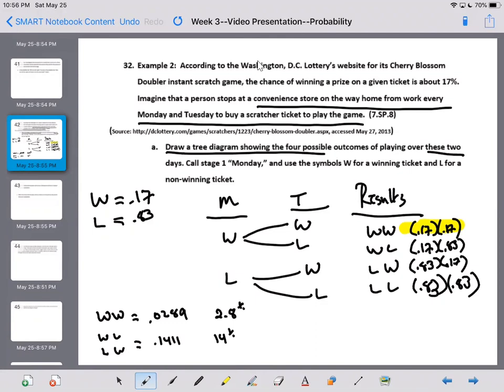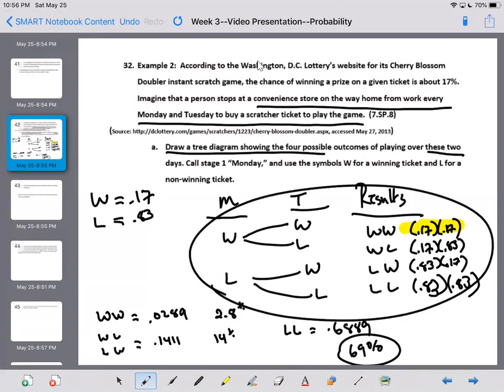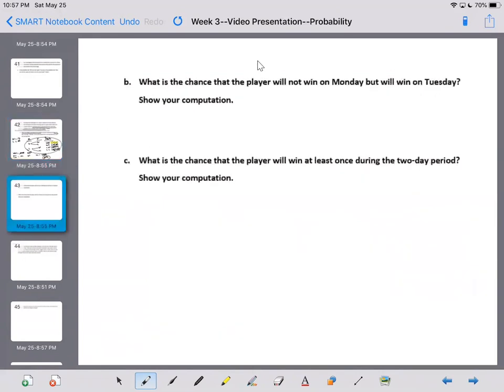And then the probability that you're going to lose both days is 83% times 83%, which is a high probability of losing, which is about a 69% chance. So there you're using your tree diagrams and knowing what your results would be for winning and losing, you can use your probabilities and multiply those probabilities.